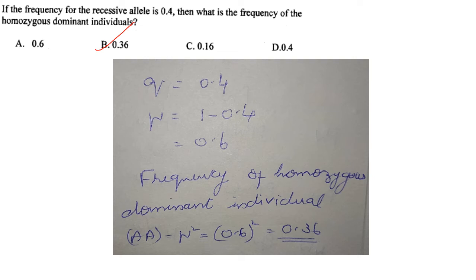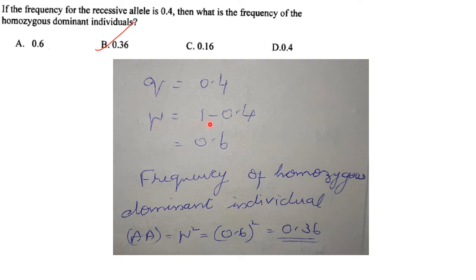Then next one. If the frequency of the recessive allele is 0.4, then what is the frequency of the homozygous dominant individual? So they have given the frequency of the recessive allele, that is q is equal to 0.4. Then they have asked for the frequency of the homozygous dominant individual.